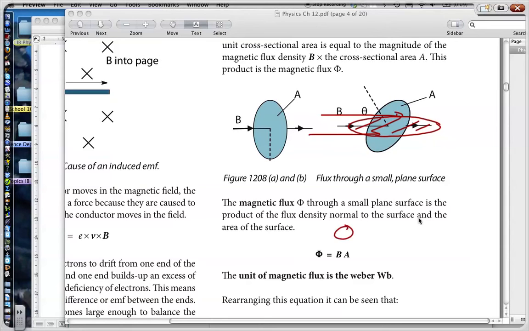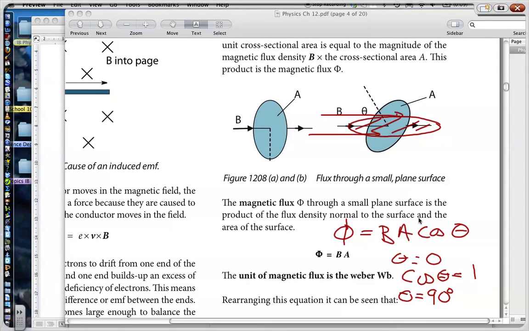And that's why we use this formula, phi is equal to BA cos of theta. Obviously, when theta is equal to 0, the cos of theta is equal to 1, and therefore we get phi is equal to BA. We get a full amount, and when theta is equal to 90 degrees, the cos of theta is equal to 0. So it actually cancels everything out.